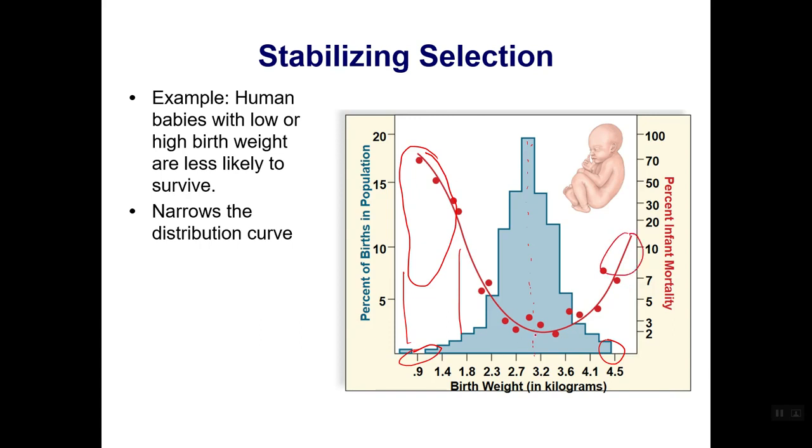It's more likely for an infant to survive where there's less infant mortality. The least infant mortality is right here, right where most babies are born, in that average range, around 7 pounds.